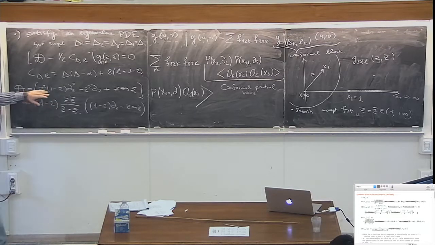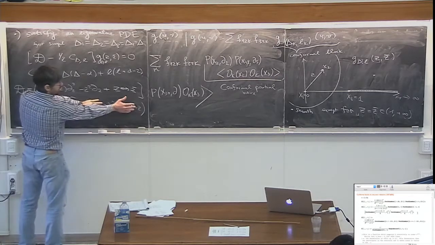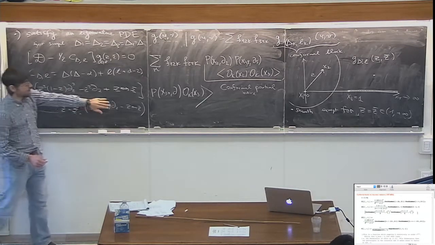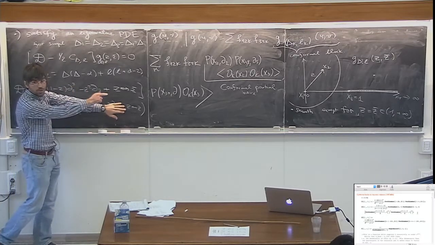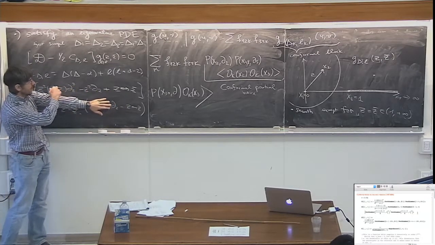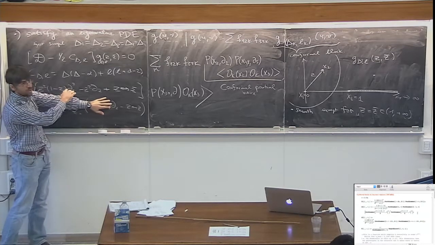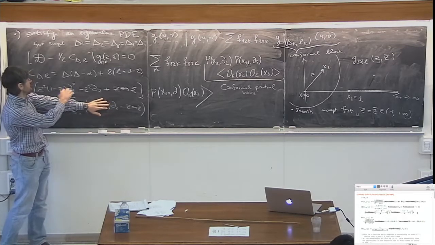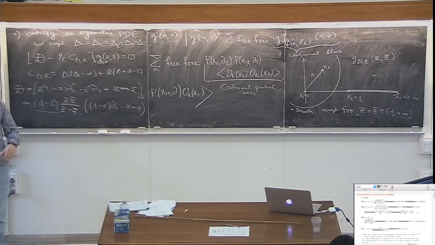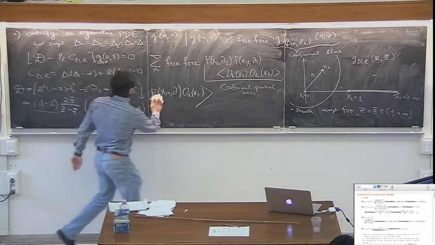If we just had this piece, which happens in d equal to 2, since the second piece is proportional to d minus 2, then we have full factorization. In that case, the conformal blocks would be just hypergeometric functions, 2F1s of z times 2F1s of z bar. So let me write it down.